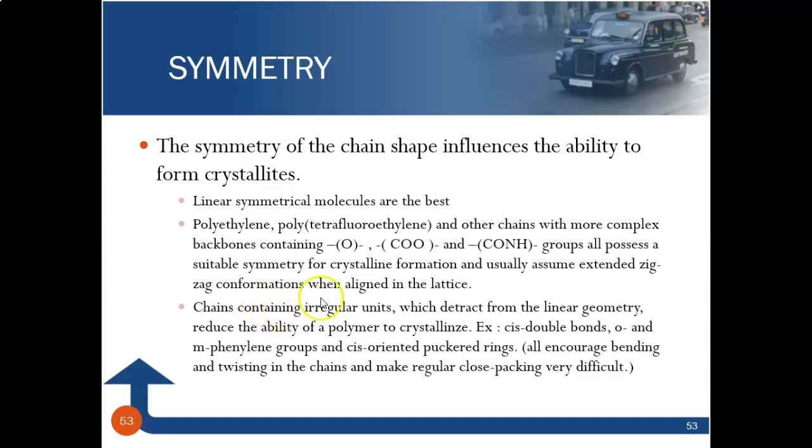So for chains containing irregular units, it is difficult for them to crystallize. For example, cis double bonds, O and M phenylene groups and cis oriented rings. All encourage bending and twisting in the chain and make regular close packing very difficult.